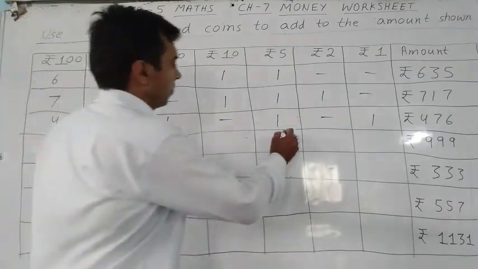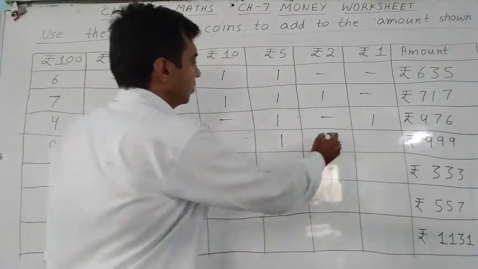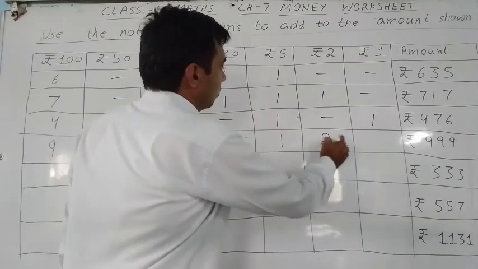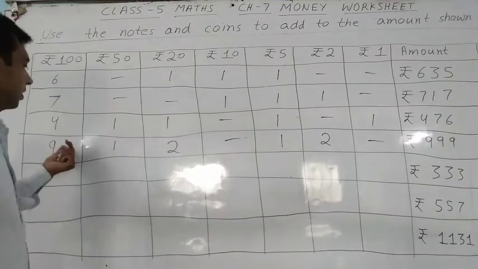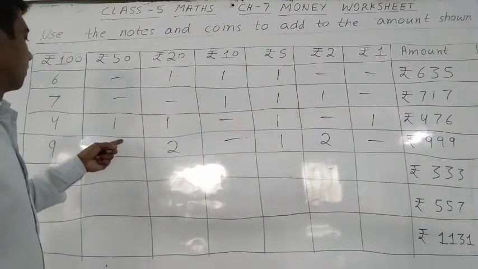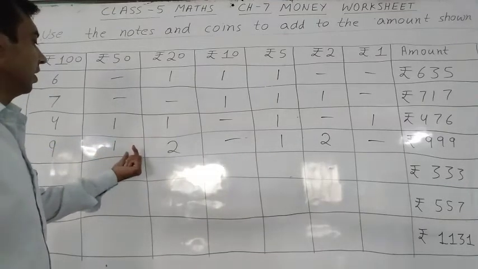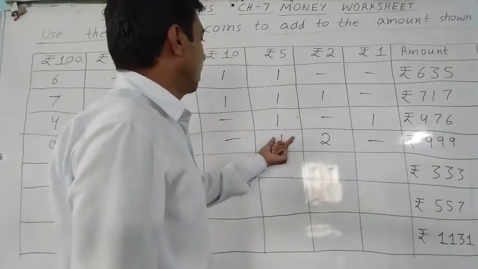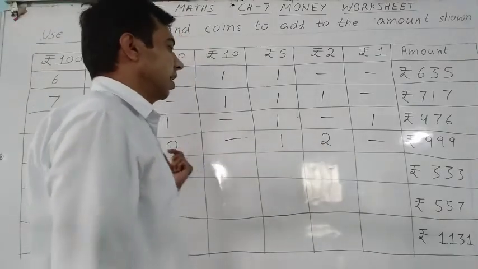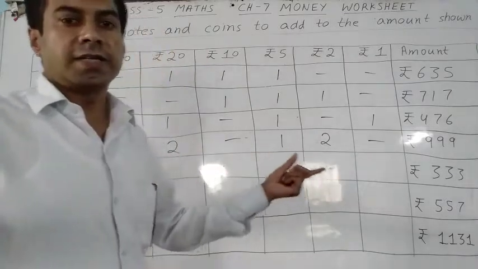Now 1 5 rupees coin, 2 rupees coin. Calculate it. 900, 50 40 90, 990, and this 5 plus 4, 9, 999.